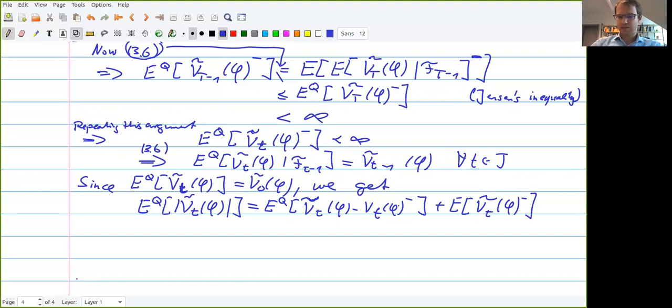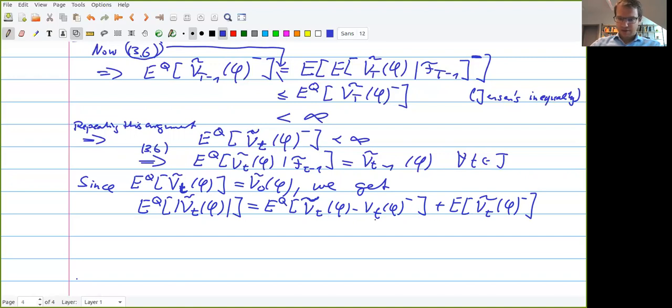And so the first expected value here is just the expected value of the positive part of the discounted value process, and then plus the negative part gives you the absolute value.